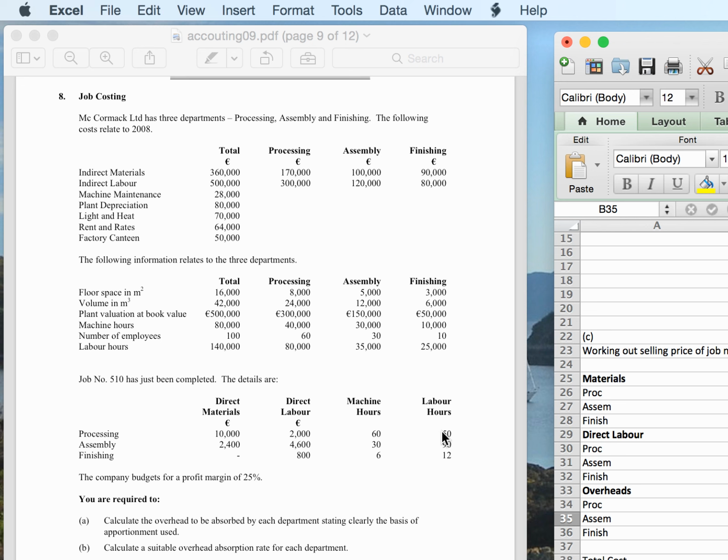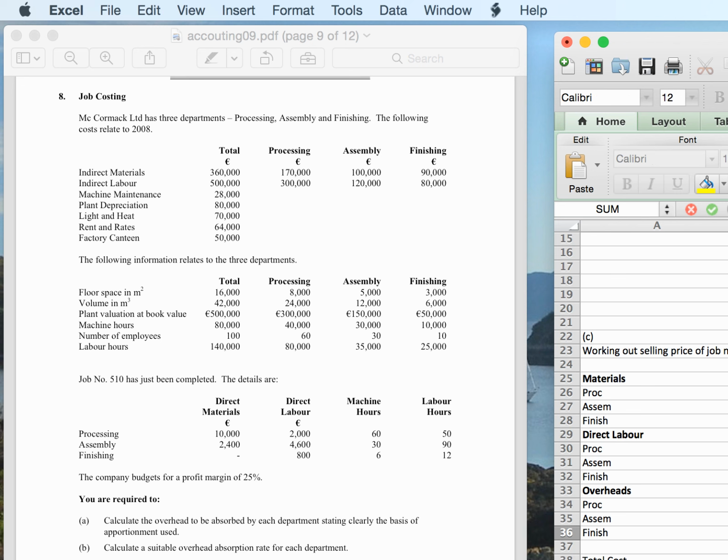The second one then is going to be 7.32 multiplied by, it says here machine hours, so go over here, the number of machine hours in that department is 30. So it's the absorption rate times 30, because it's 30 machine hours. And the last one is also based on machine hours, so it'll be 20.85 multiplied by how many machine hours? 6.